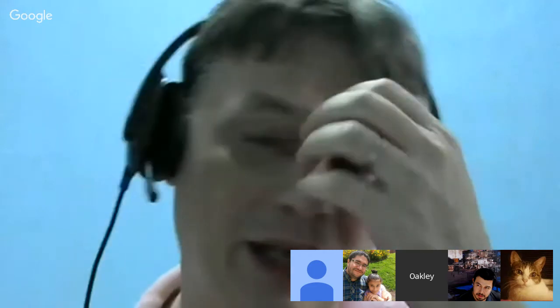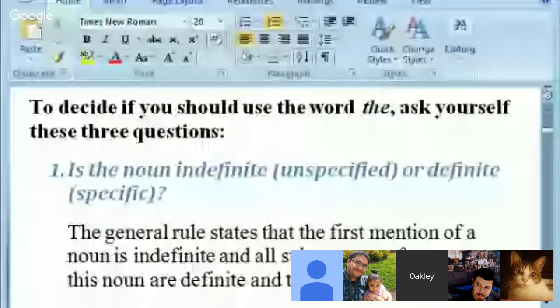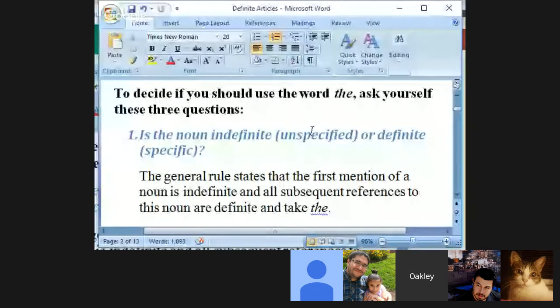Let's get started. I'm going to screen share some material, and let's talk about using the. First, we'll work our way from the most basic general guidelines or rules to exceptions and the like. Okay. All right.